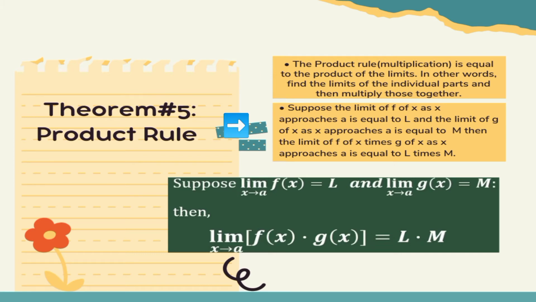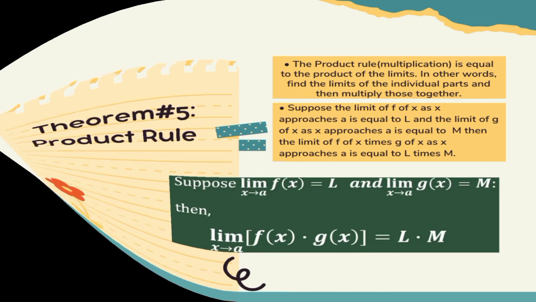So again, suppose that the limit of f of x as x approaches a is equal to L, and the limit of g of x as x approaches a is equal to M. Then the limit of f of x times g of x as x approaches a is equal to L times M. To illustrate, let's have our example.